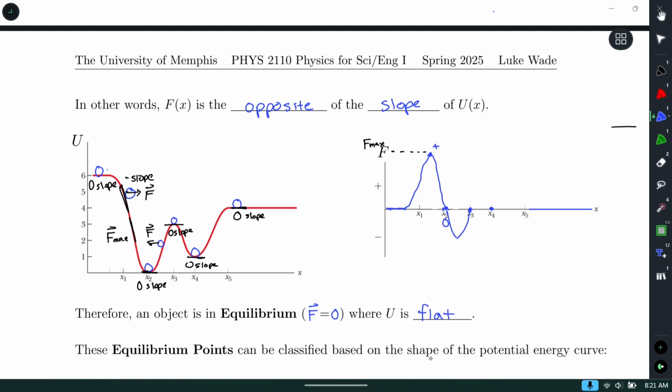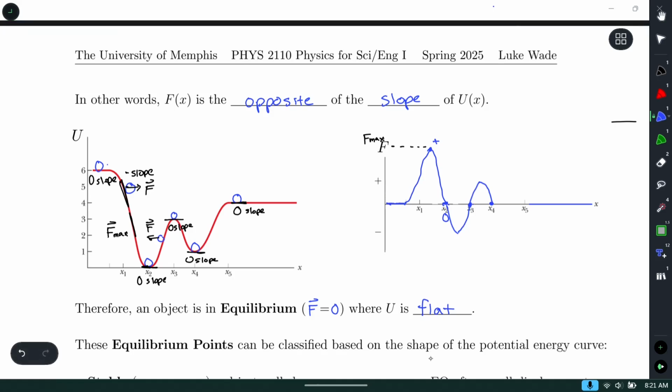All right, what about between x3 and x4? Positive. But again, we're seeing the variations in potential energy, and so the associated slopes are not that dramatic. So I will do a slightly smaller force value there. But yeah, we're just following the trend. So here the slope is positive, and so the force is negative.